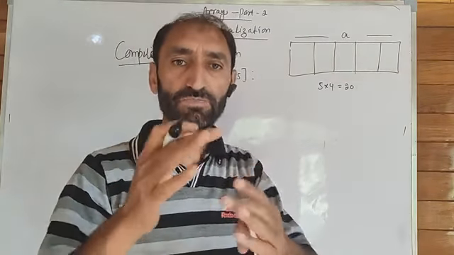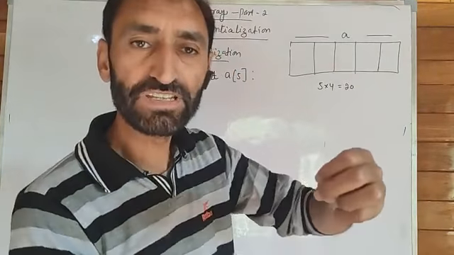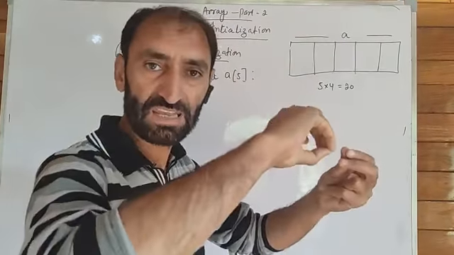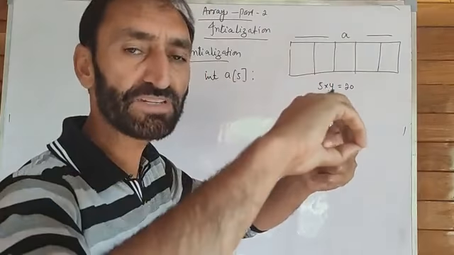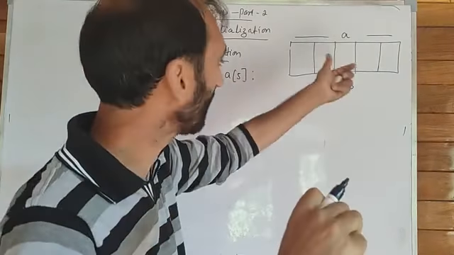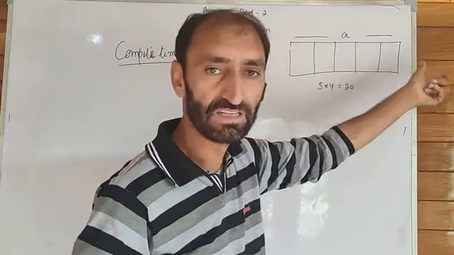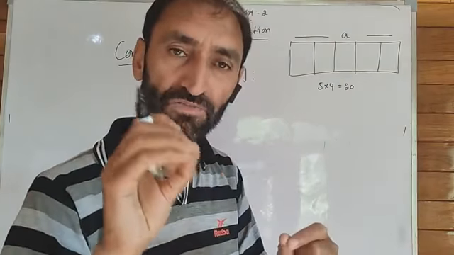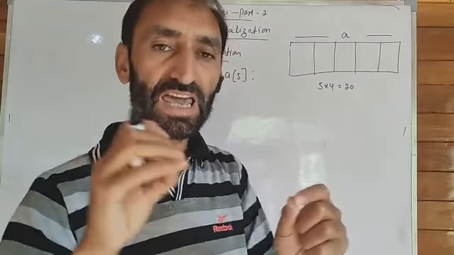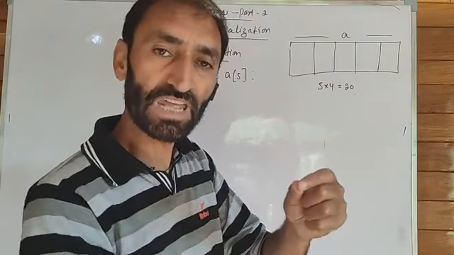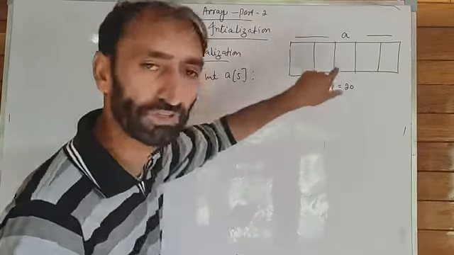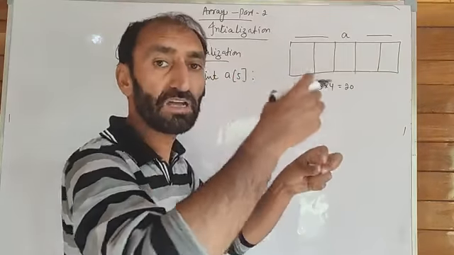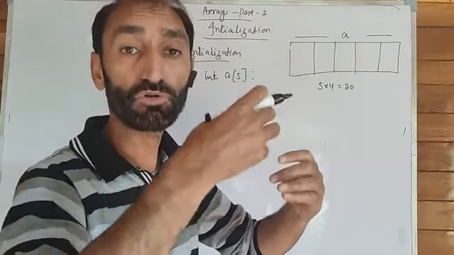Now there are two ways by which we can initialize the array, by which we can put the elements in the array. Initialization means to put or assign the elements in the array. At the time of declaration, we are only telling the compiler what type of data we are going to store and how much data will be stored.